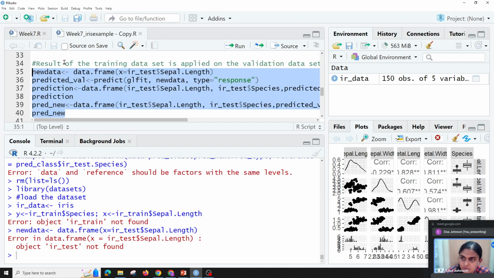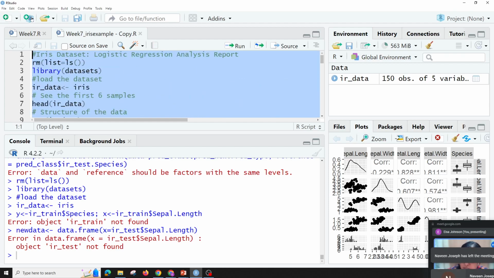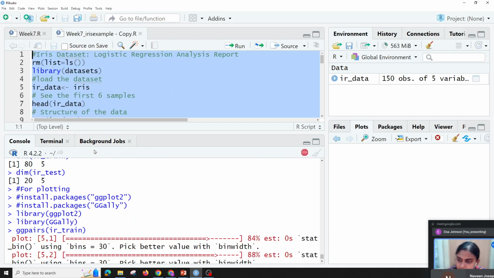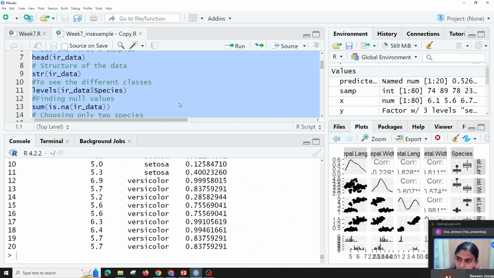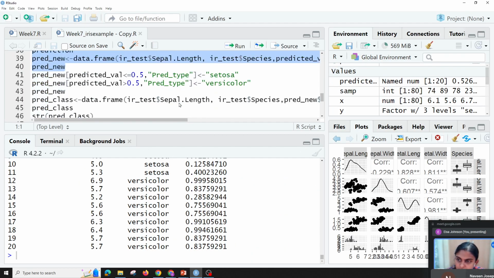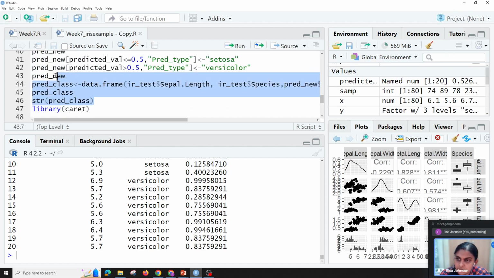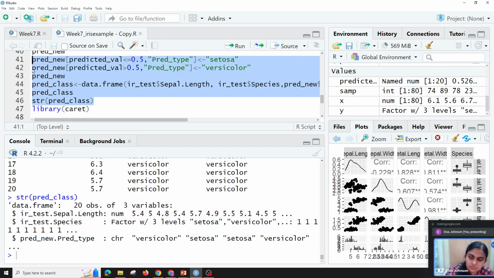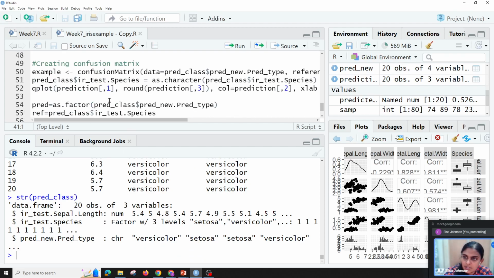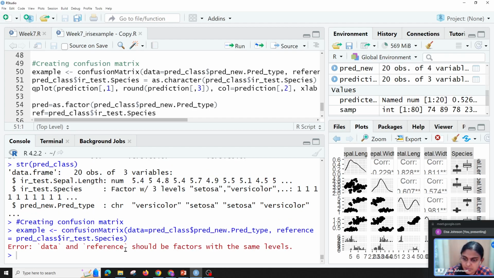Okay, so I'll just run the whole thing first and come back here, pred new, and this is because I have converted it to character earlier. So first if I do that, it is telling me it should be factors with same levels.